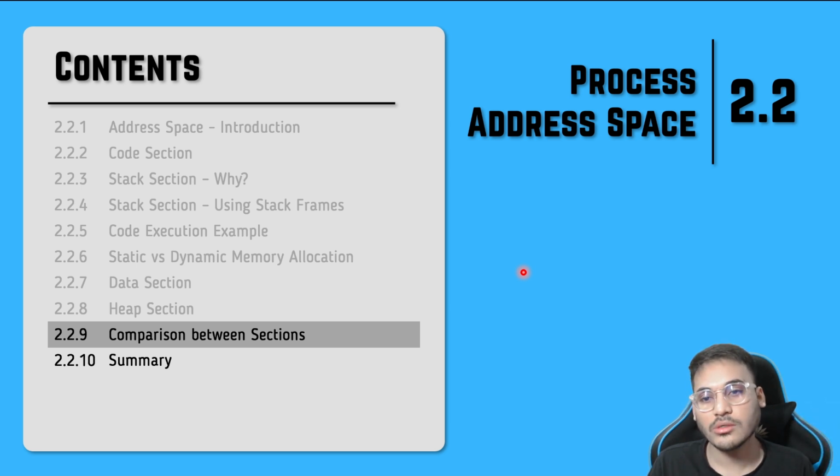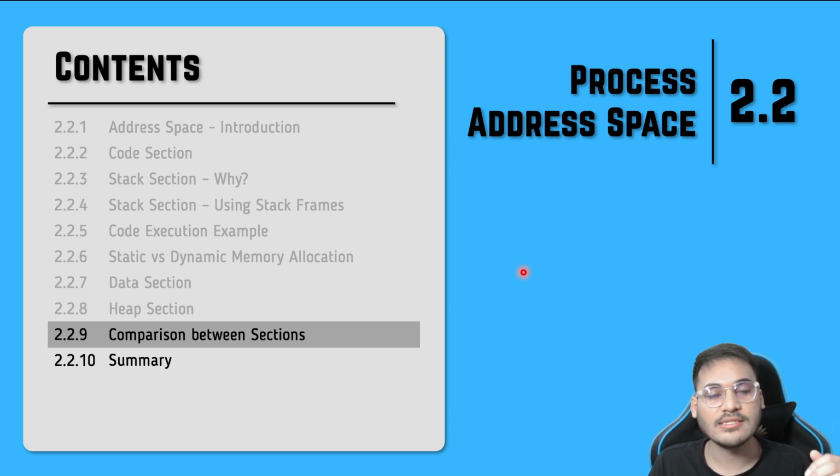We have talked about the fact that this process address space is divided into four major sections, that is code, data, heap, and stack. In the previous videos, we talked about each of these sections individually in great detail. Now, as we are nearing the end of this topic, I want to compare all the different sections and take an example where we are using all of them.